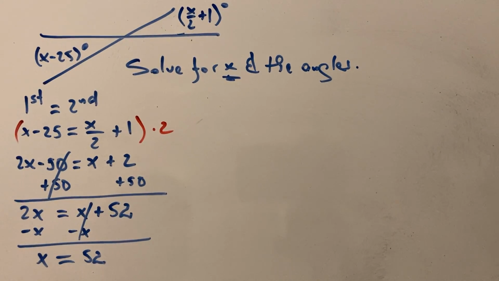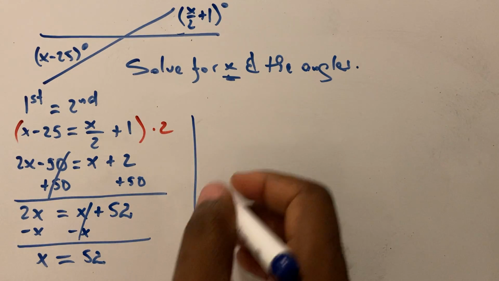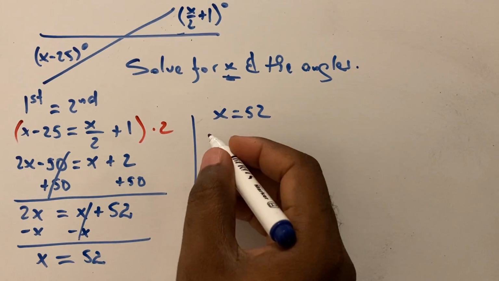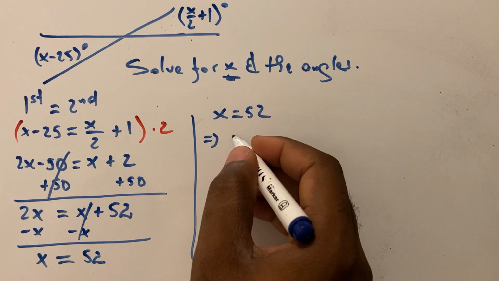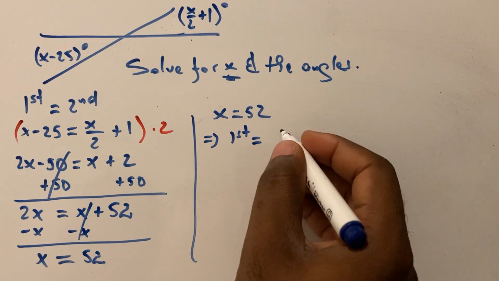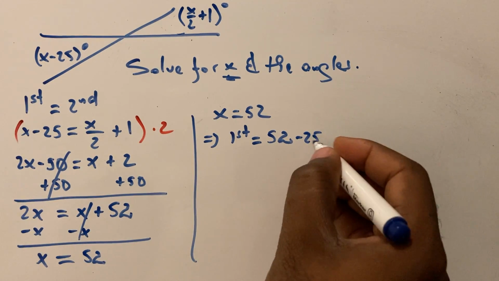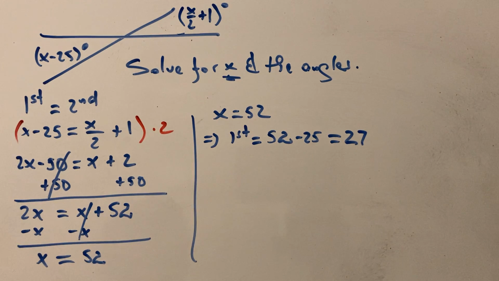Once we know what x is, the next step is for us to get the angles. Well, we can get the angles because we know x is 52. Therefore, we have the first angle equals 52 minus 25, which will be 27, right?